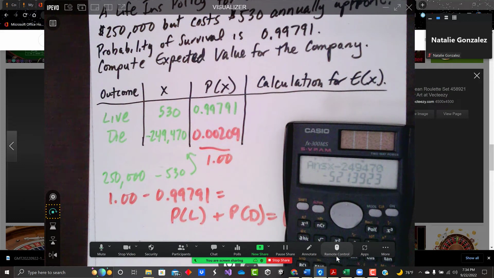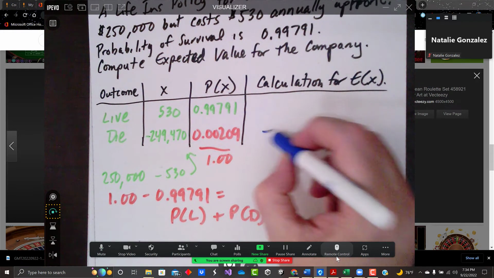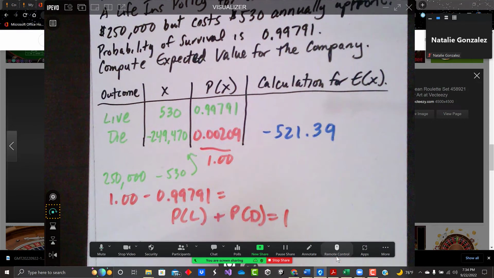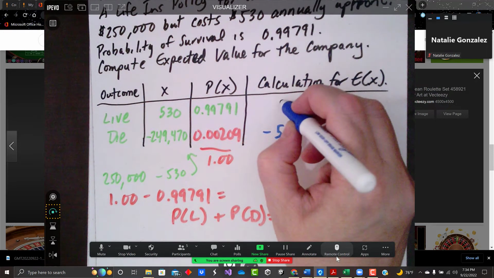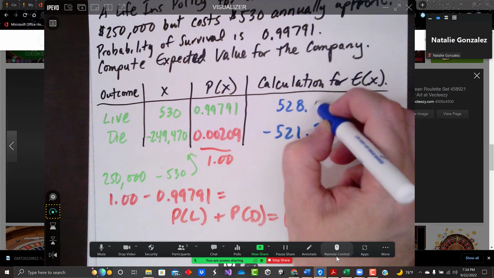And I get negative $521. Since we're talking about money, I'll do 2 decimal places. And if I do the other one, 530 times 0.99791, I get $528.89.